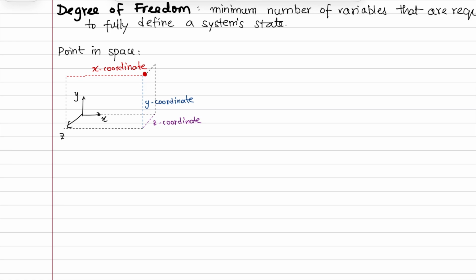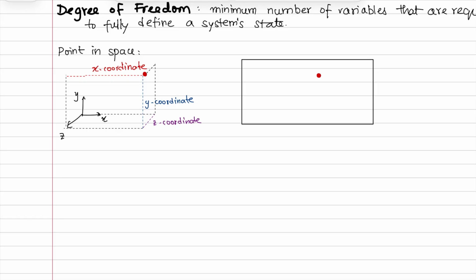What if instead we were trying to locate a point on this plane of the screen? So let's say this point over here, if you want to define it. Imagine that you're in a classroom and you have a point on the whiteboard or the blackboard of that classroom. And you now want to tell someone where this point is. How would you do that? Again, you need some kind of a reference frame.